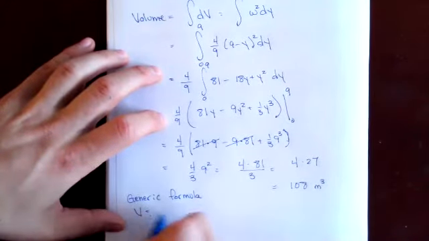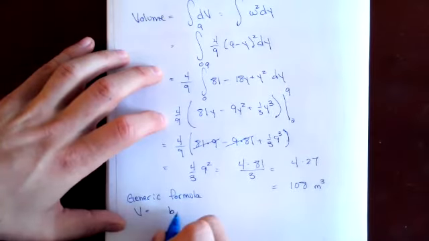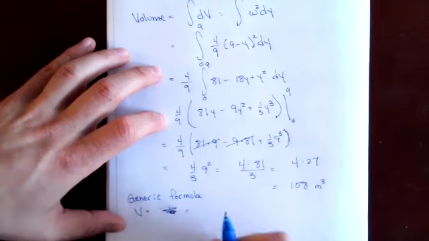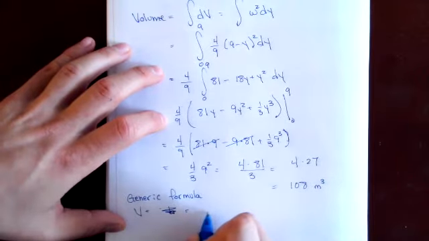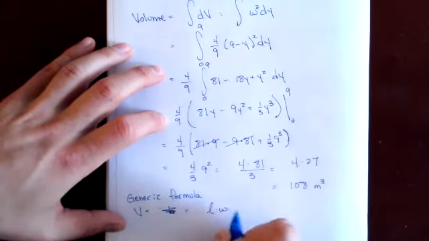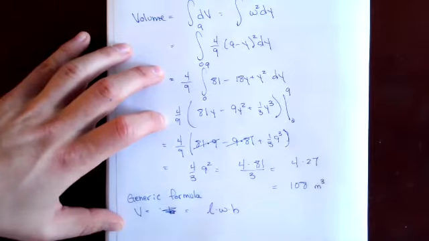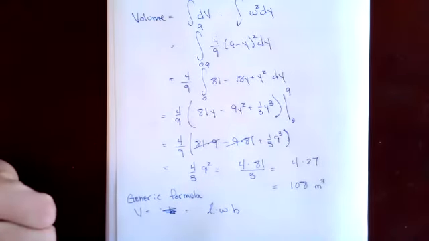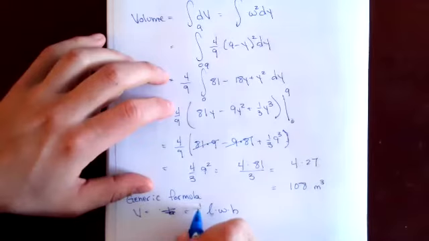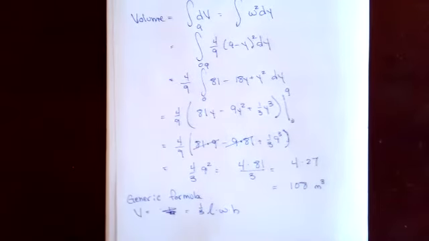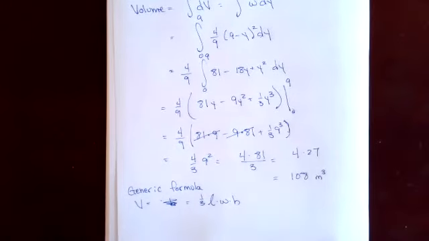So the volume should be something like the length times the width times the height will give me a rectangular prism. And then for pyramids, the constant that makes it a pyramid is 1/3 of that.